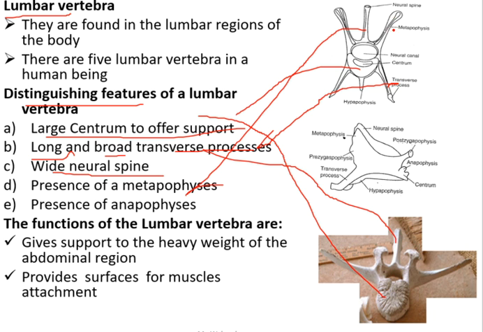And this metapophysis, you can see there are 2 in number, just beside the neurospine for attachment of muscles. Then hyperapophysis and anapophysis. Anapophysis found here for attachment of muscles. Functions of lumbar vertebrae: number 1, support to the heavy weight of the abdominal region, then provide surfaces for attachment of muscles.